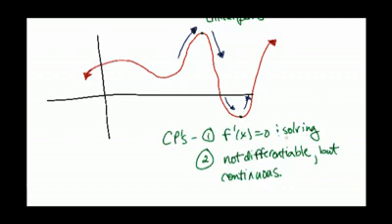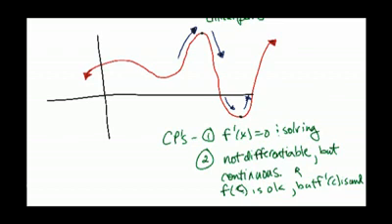Also looking for anything that was okay in the original function, but then when you change that x to a number, or a c value, any constant, f of c is okay, but f prime of c is undefined. That's what that means up here. Okay, and that's how you get your critical points.